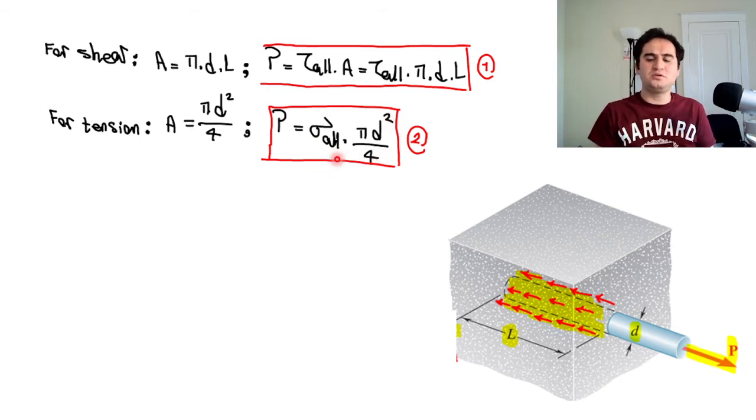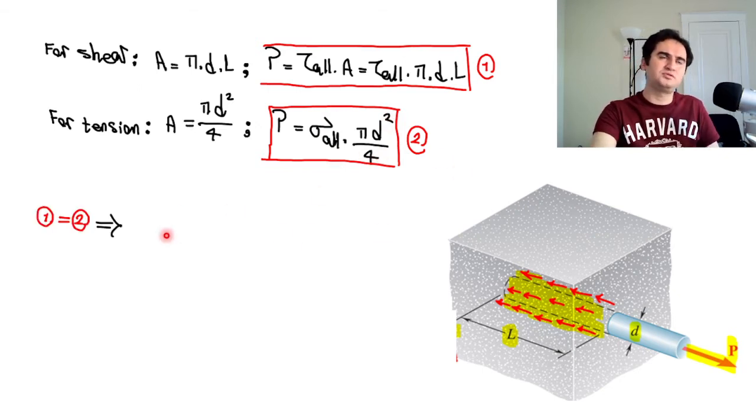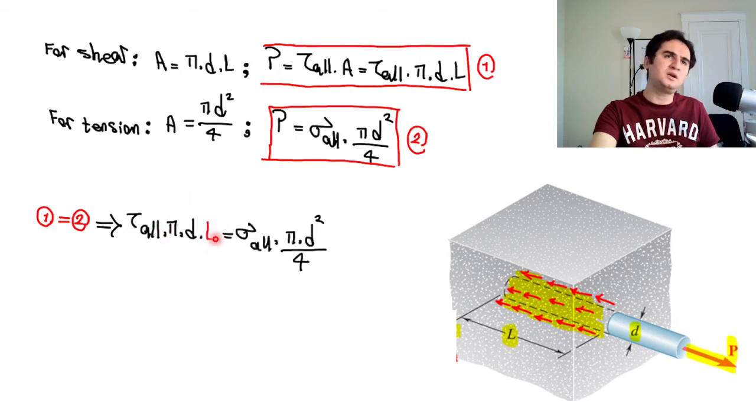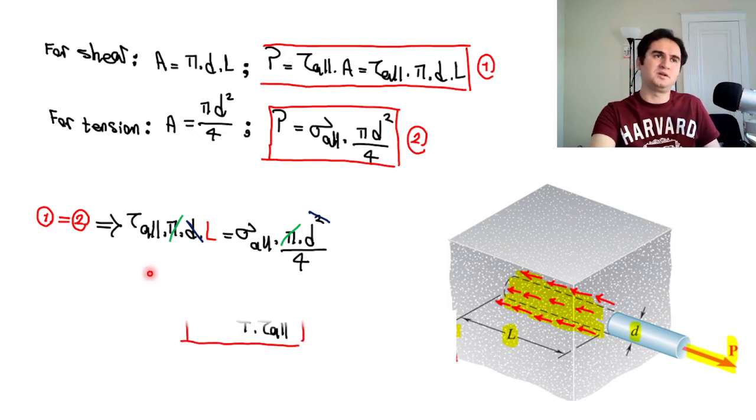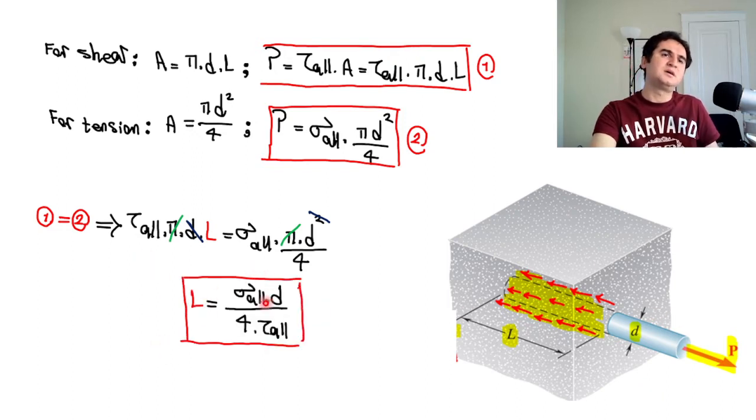If we equalize these two terms, equation 1 equal to 2, it gives us the only unknown, the sufficient length of a steel bar to prevent it from coming out from the concrete block. That's nothing but sigma allowable times the diameter of the rod, over, in the denominator, the allowable shear.